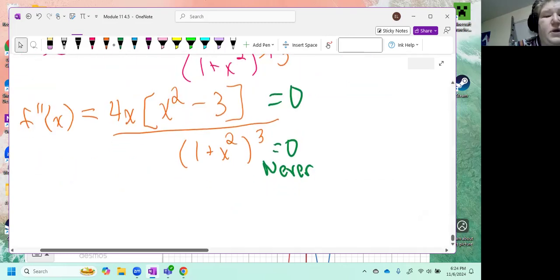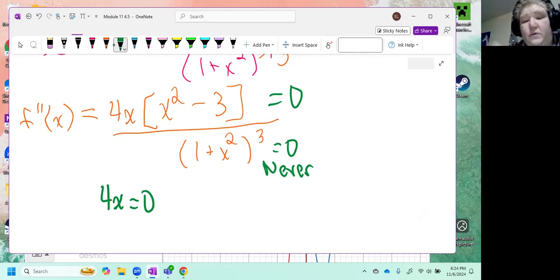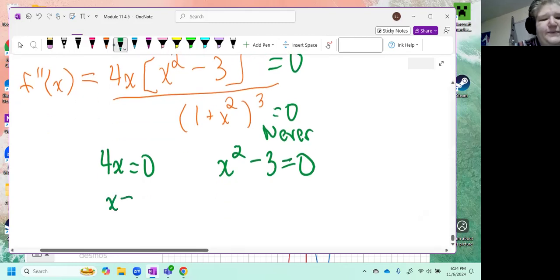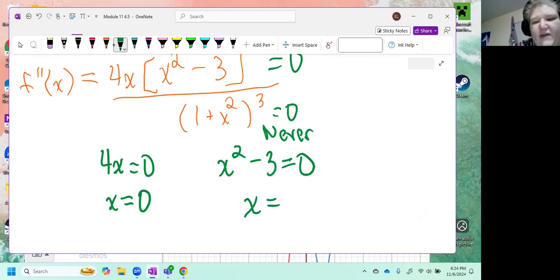Now we'll actually get some stuff. I've got 4x equals 0, and then our other one is the x squared minus 3 equals 0. So 4x equals 0, divide by 4, you get x equals 0. And then over here, we'll have x squared equals 3, and then we square root. So we have plus or minus the square root of 3.